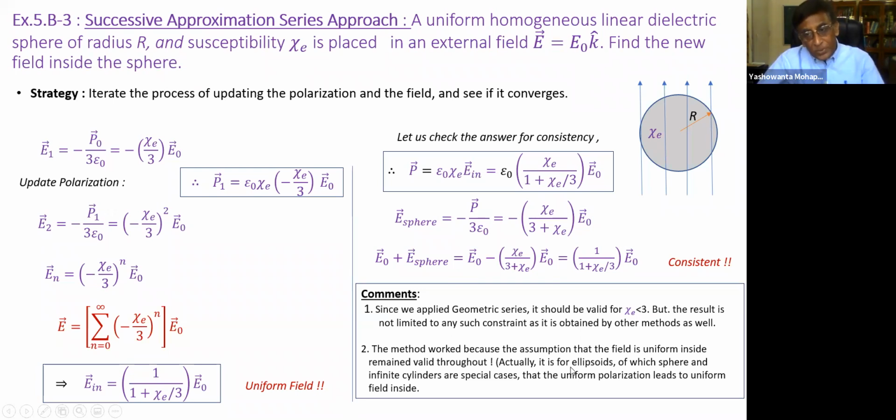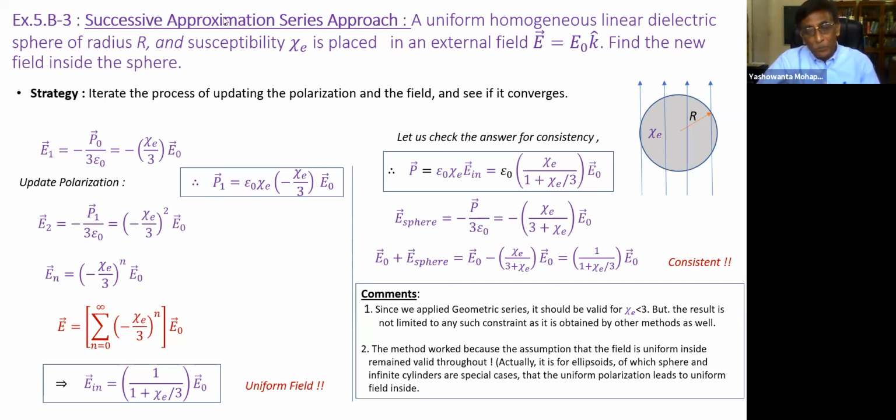Actually, for ellipsoids, of which spheres and infinite cylinders are special cases, uniform polarization leads to uniform field inside. So in that sense, you are lucky that in this problem you could use it. Of course, one can also use it for infinite cylinders, so you may like to work that out.